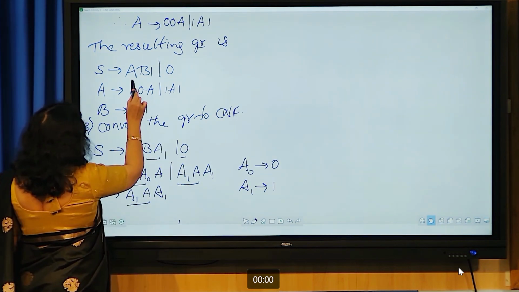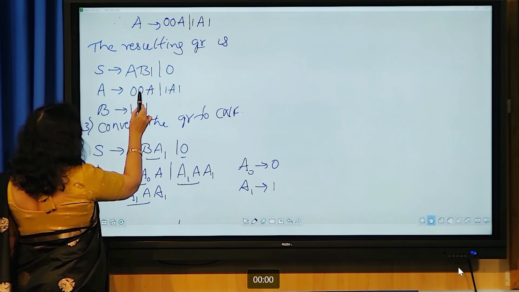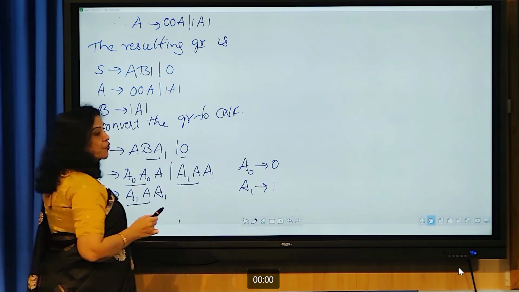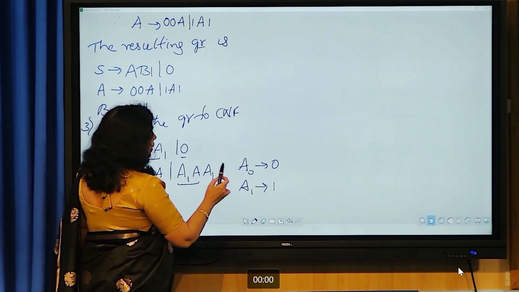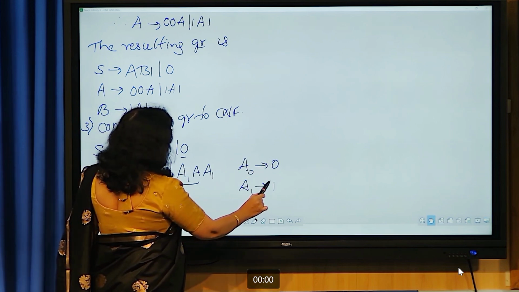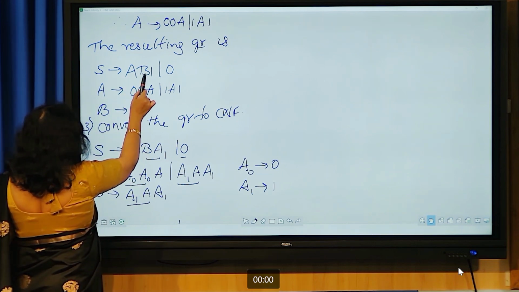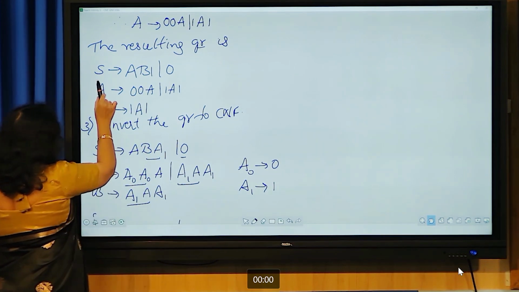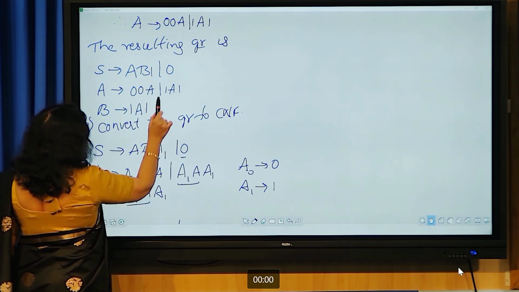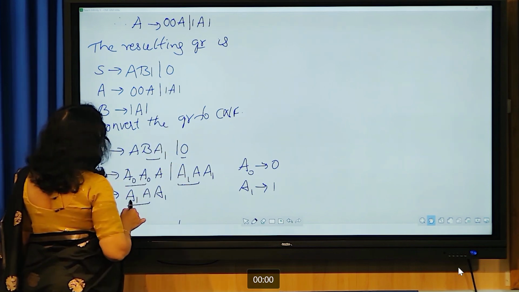So now there is a terminal here, 1 is a terminal, 0 is a terminal. I will introduce two new variables A0 and A1 so that A0 produces 0, A1 produces 1. Now S produces AB, 1 is A1, or the 0 we keep as it is because it is already in GNF form.